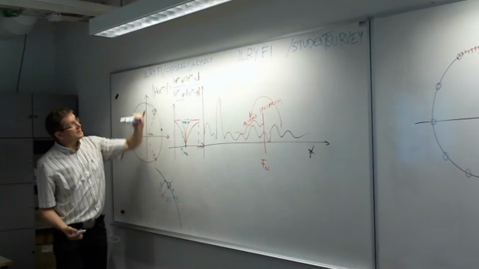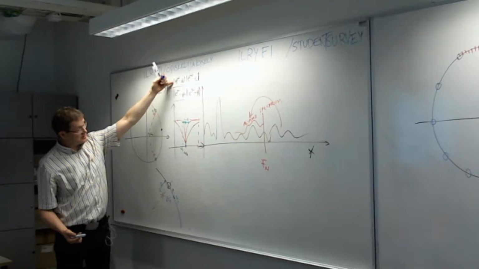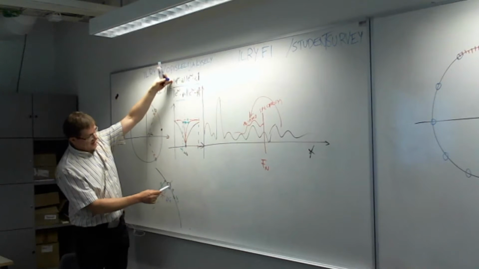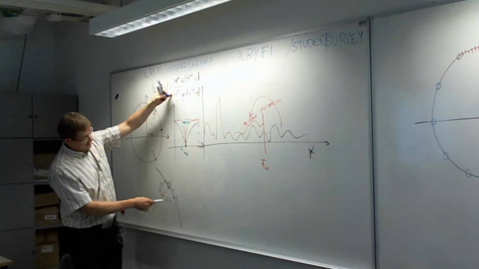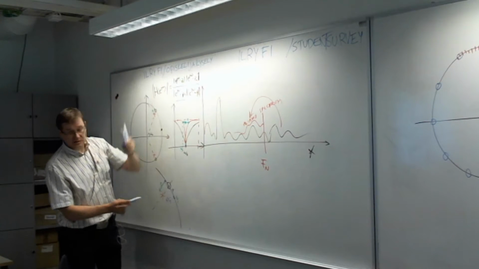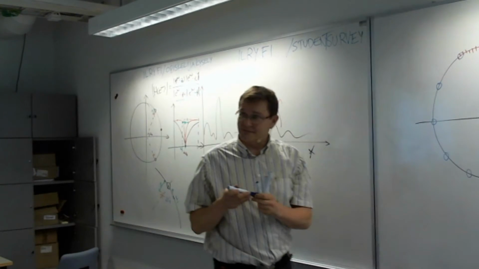So in here that one is about A, and this distance is square root 2 times A, meaning it's 1 over square root of 2, which is minus 3 dB. Okay.